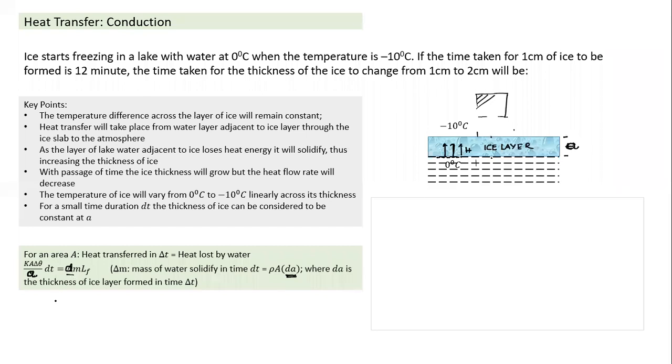So when I write this equation, the right hand side becomes rho into A into dA into LF.